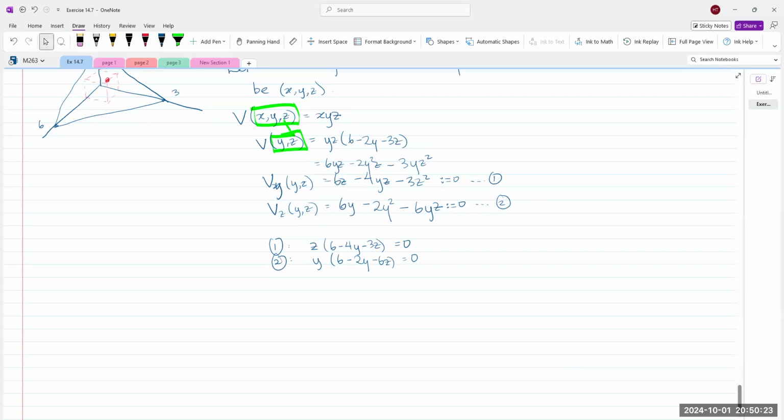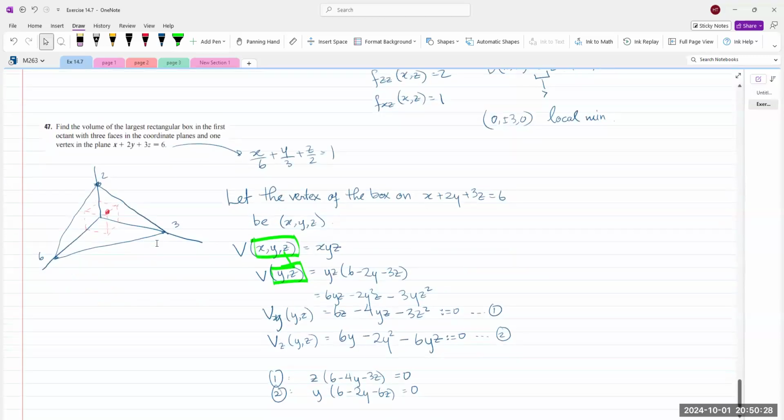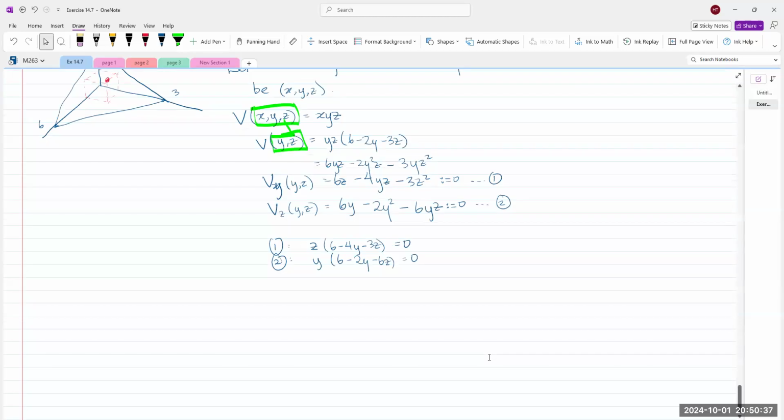But clearly y and z cannot be 0, because if y and z equal 0, the volume will be 0, right? x, y, z has to be strictly positive. In other words, this implies we have 4y plus 3z equals 6, and 2y plus 6z equals 6. Is it okay?